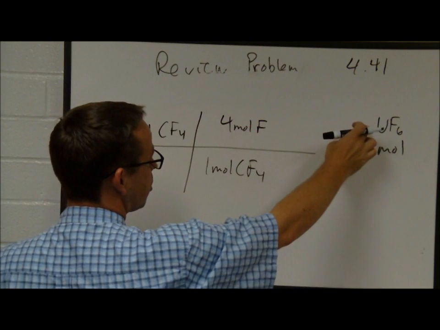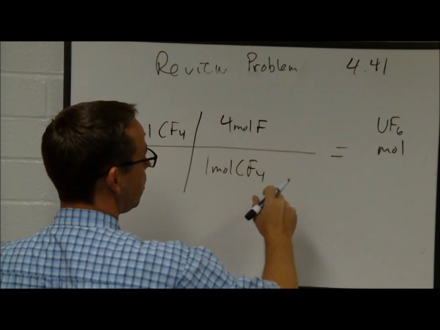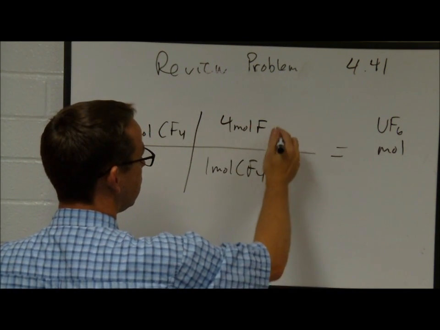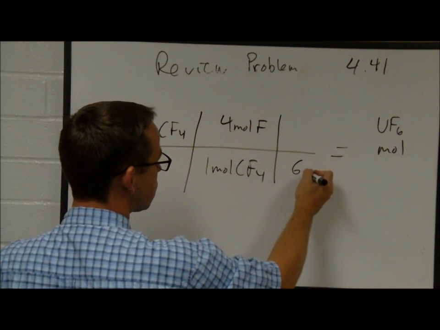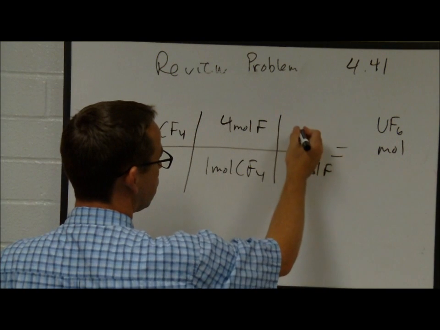And if we're going to get the 4 moles of fluorine from here, there's 6 moles of fluorine required for every UF6.